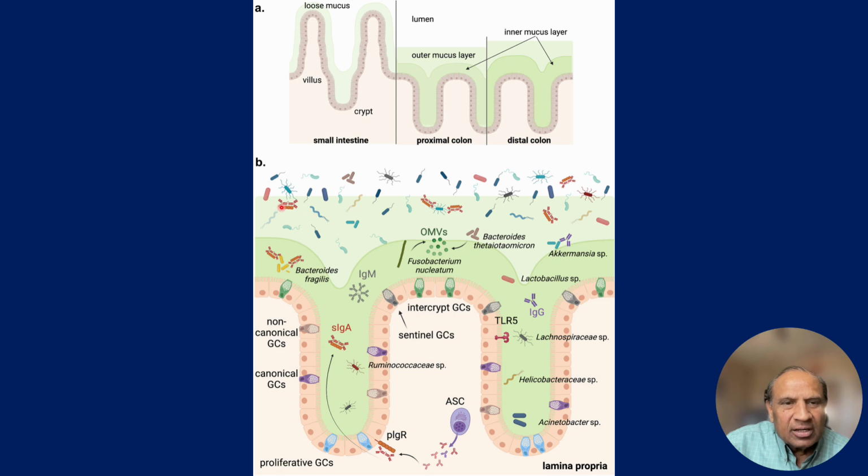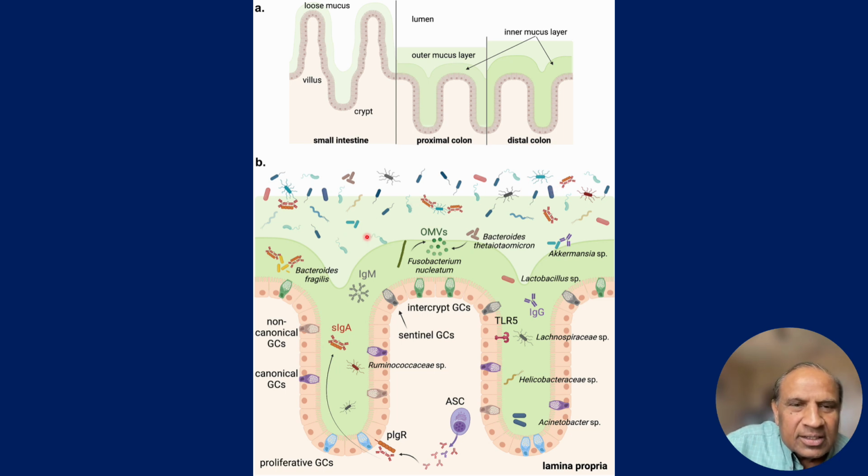These bacteria, there are many bacteria, they live in and above the mucus layer. This is the mucus layer, this is the lining of the colon cells and intestinal cells. There is a thick layer of the mucus, above it is the thin layer of the mucus, and just above that and intermixed with this thin layer are some bacteria or microorganisms.